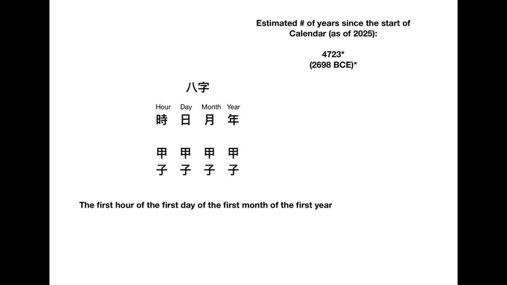And that is because this number, while it is conventionally or generally accepted, as you'll see by the end of the video, is actually incorrect. It's not that incorrect, but it's slightly incorrect. So the calendar started on 2698 BCE, which was considered a jiazi year, and it started on the jiazi month, December, the winter solstice. It started on a jiazi day, and it started on a jiazi hour.